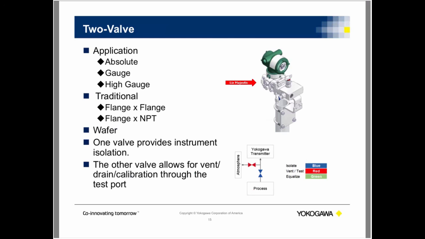This manifold you would be using in, again, absolute gauge, but you would also use it in high gauge applications. Traditionally, you're going to see it with a flange by flange or a flange by pipe, as I was talking about. You're going to have the same thing where you're going to block the process, bleed the instrument, and then you can show a zero.